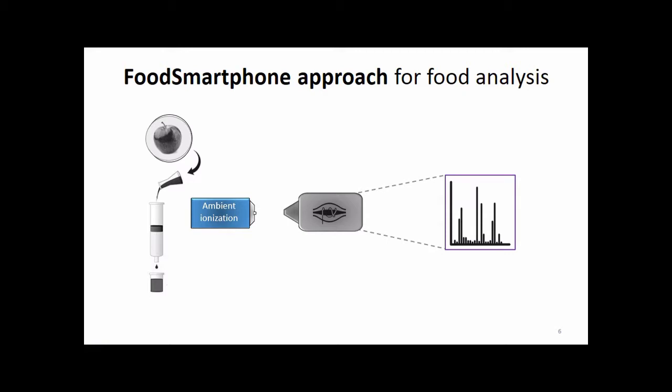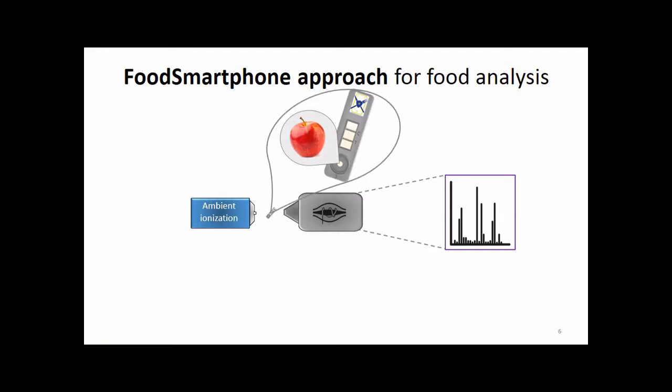In order to replace also the time-consuming extraction, we wish to couple the ambient ionization technique with the lateral flow immunoassay. In this way, we will gain more information from the screening. Instead of knowing only whether a contaminant is present or not, we will also gain information on what is the substance that caused the positive signal.